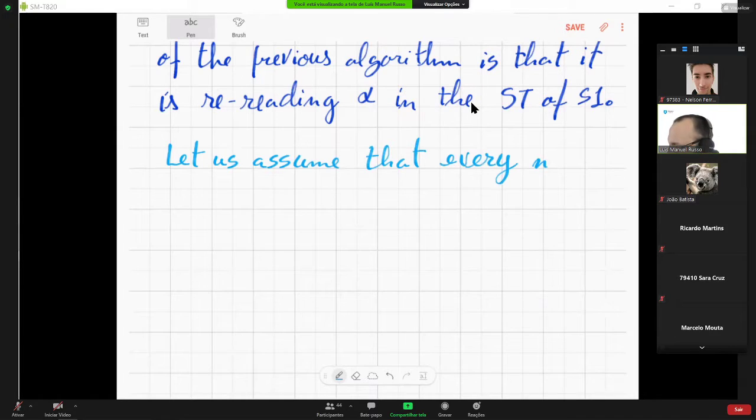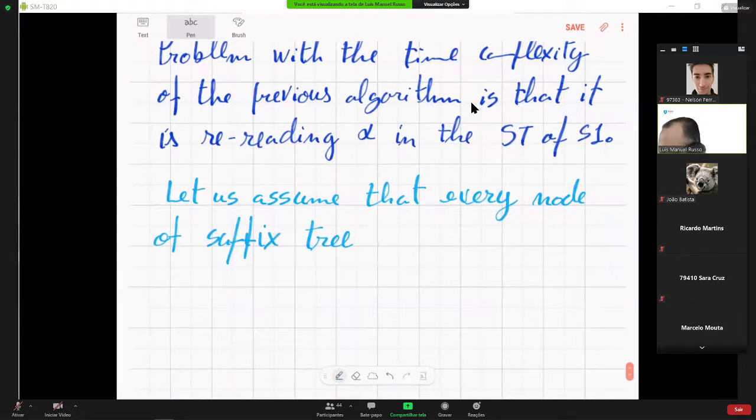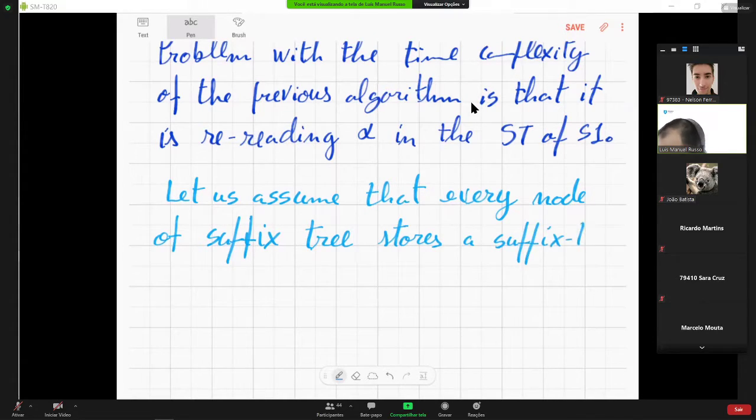For the leaves, you can also define this, but it's kind of straightforward. So I'll put every node of the suffix tree stores a suffix link.